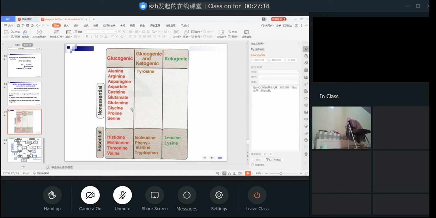So here you can see some amino acids can only synthesize ketone bodies. These four kinds of amino acids only synthesize glucose, and sometimes can synthesize ketone bodies.